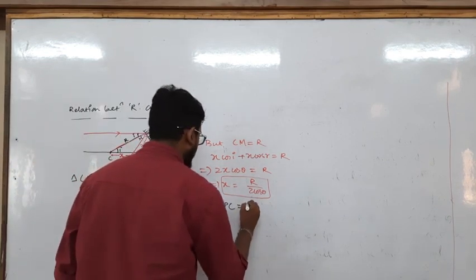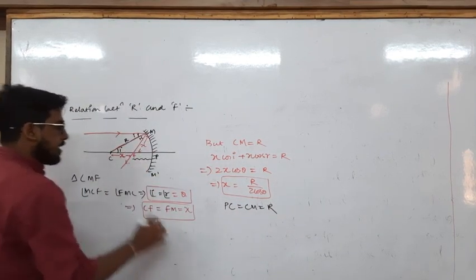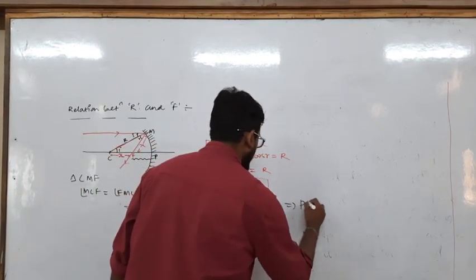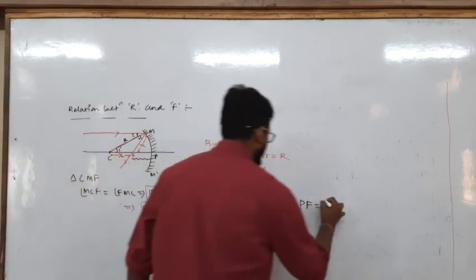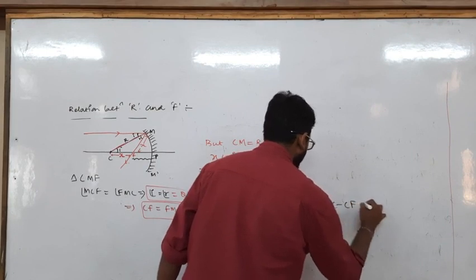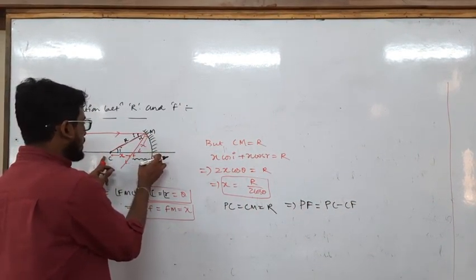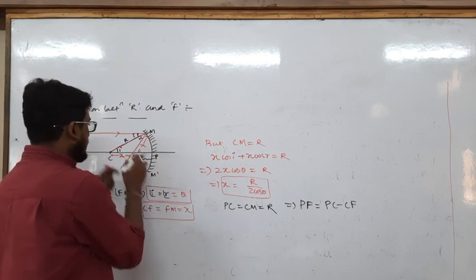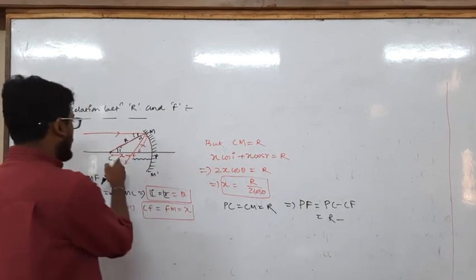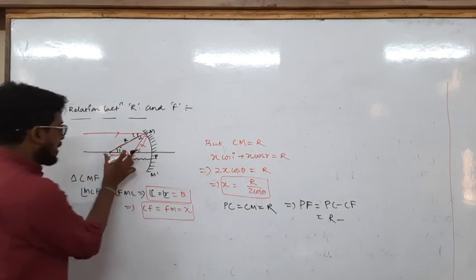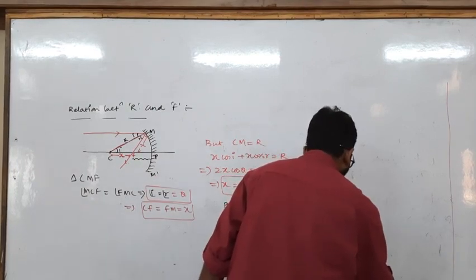So PC equals CM equals radius of curvature R. Then what will be PF? PF equals PC minus CF. PC is R, minus CF, which is x, equal to R by 2 cos theta.